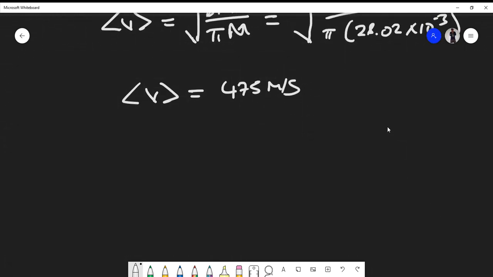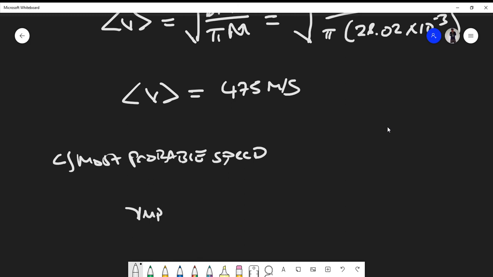The last one we want to calculate is the most probable speed. And we know that Vmp is equivalent to the square root of 2RT over big M, which is our molar mass.